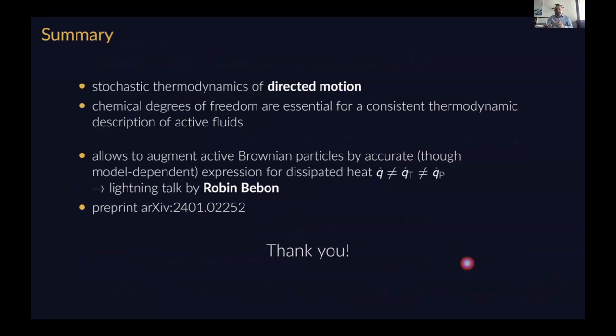What we have achieved here is a microscopic model, and we can show that this microscopic model becomes a very popular model for active matter, active Brownian particles, in a certain limit. But we now have an explicit expression for the dissipation, and we can try to see what we can learn from this, and this is actually what Robin is going to talk about. And with this, I thank you.